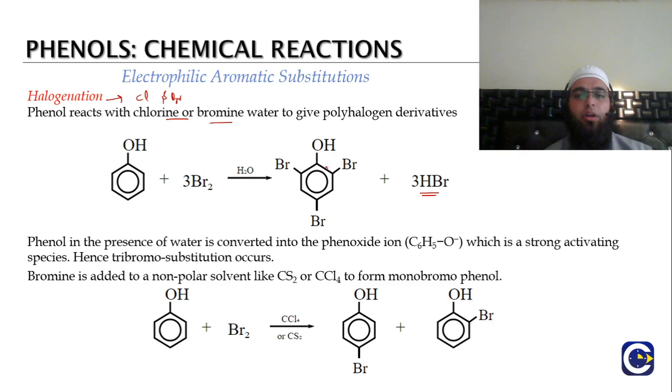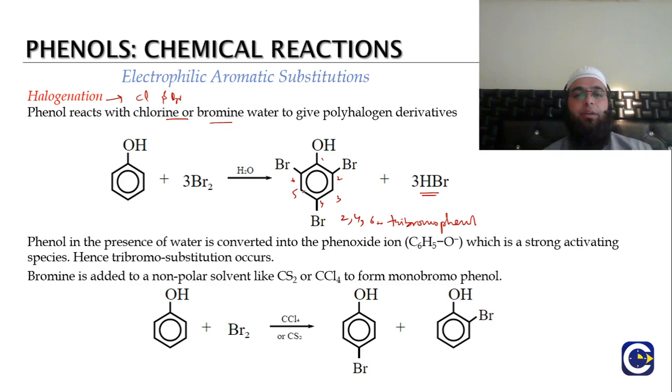So we are getting the product. This is 1, 2, 3, 4, 5, 6, so it is 2,4,6-tribromophenol. A similar reaction can be shown if we react the phenol with chlorine.